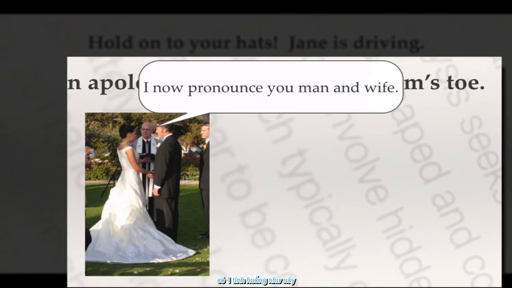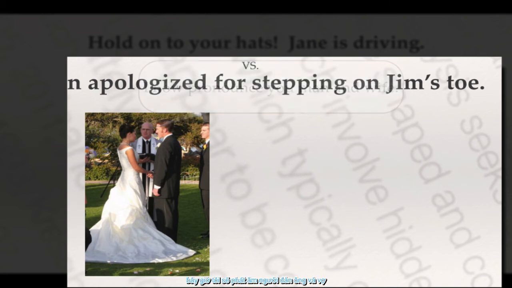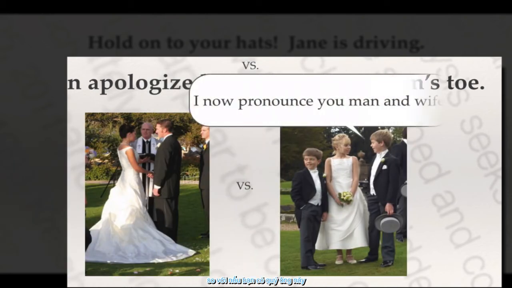Or take a situation like this. These three people standing together. This person in the middle says, "I now pronounce you man and wife," versus this gentleman on the right talking to these other two children saying, "I now pronounce you man and wife." One of these situations is actually going to produce a kind of legal bond.